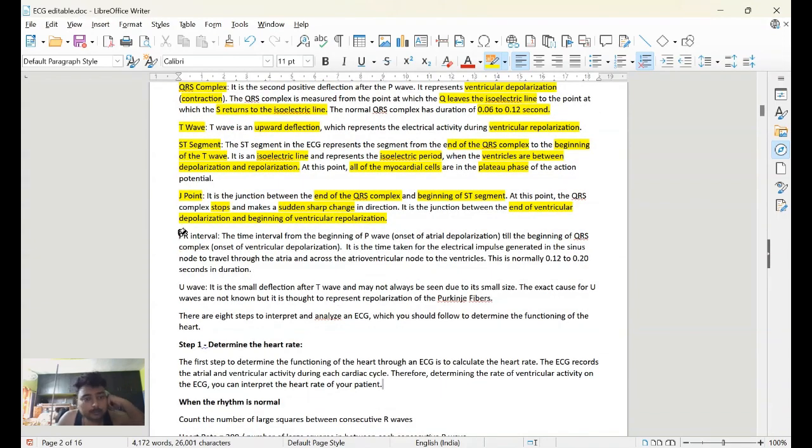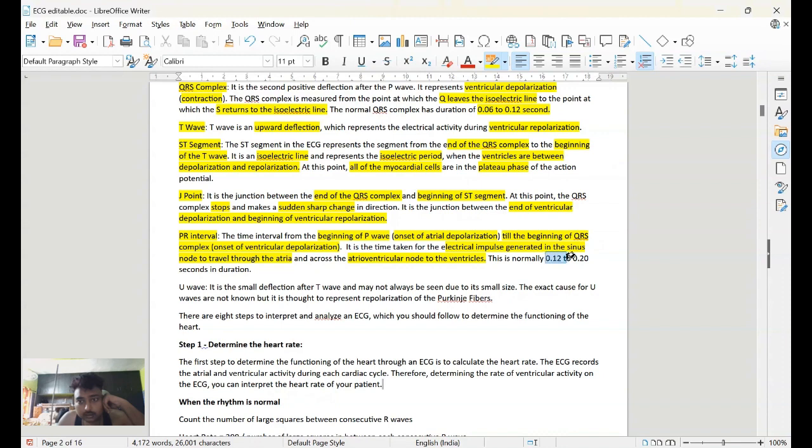The PR interval. The PR interval is the time interval that begins from the P wave, the onset of atrial depolarization, till the beginning of the QRS complex, or ventricular depolarization. This is the time for the electrical impulse generated from the SA node to travel through the atrium, across the atrioventricular node, to the ventricles.